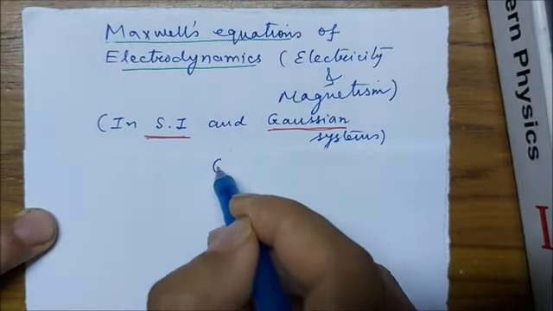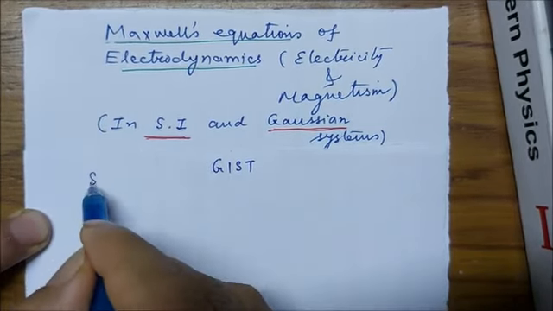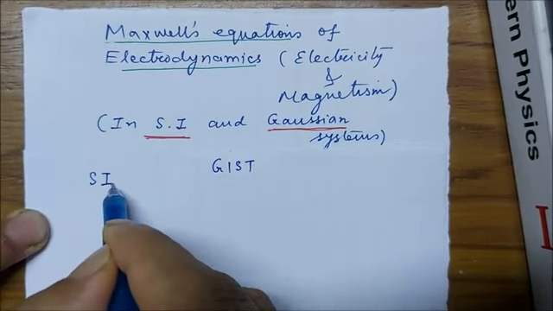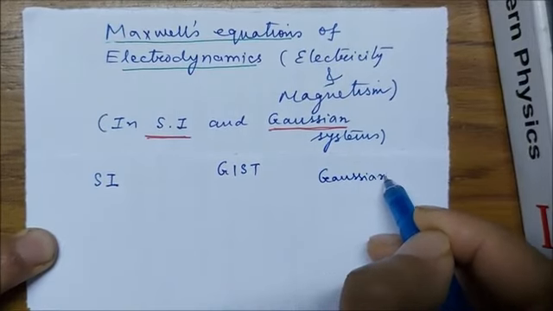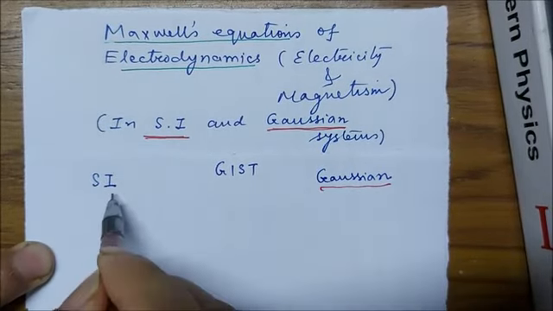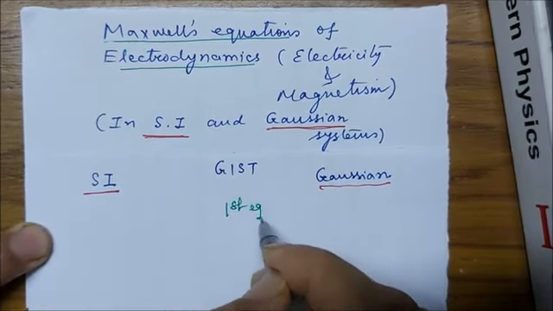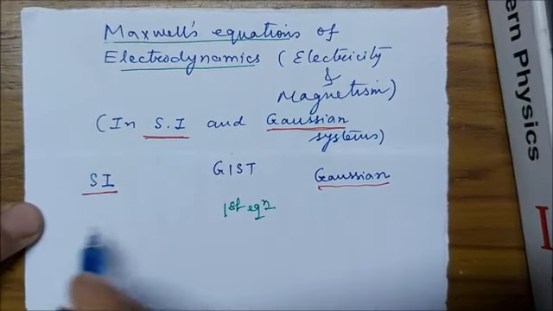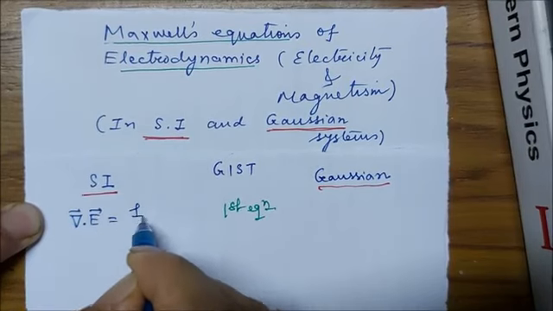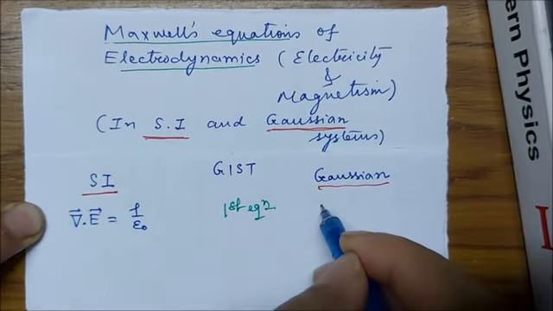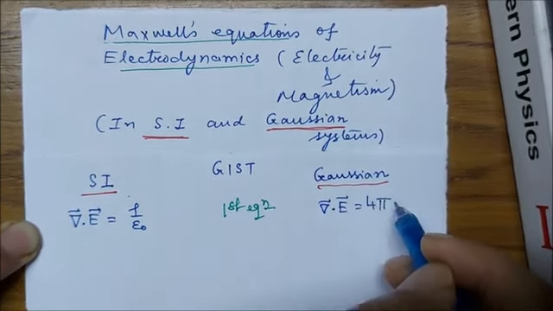Let us now make a gist, that is, write all the equations at one place. Here we shall write the SI equations, and here let us write the Gaussian equations. The first equation in SI system, it is divergence of E equal to rho by epsilon 0, and in Gaussian system it is divergence E equal to 4 pi rho.